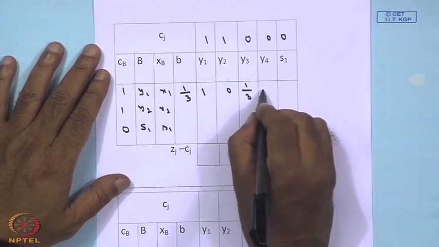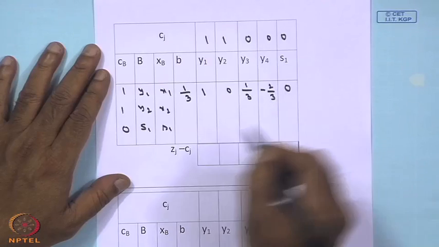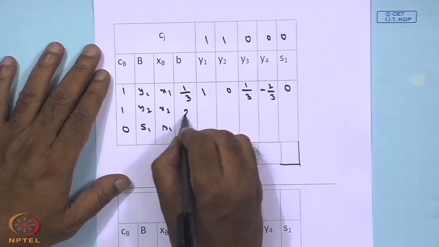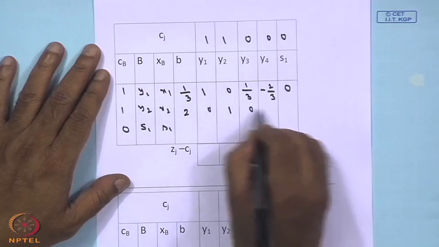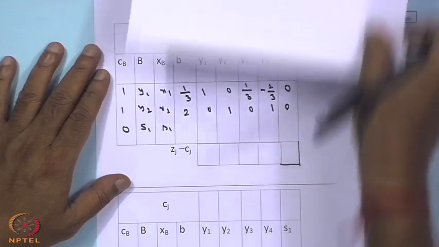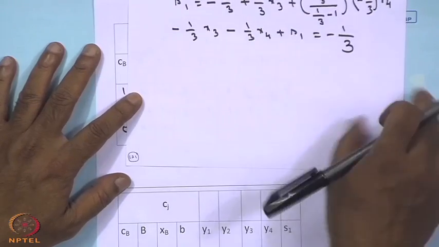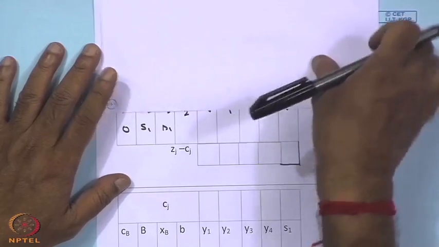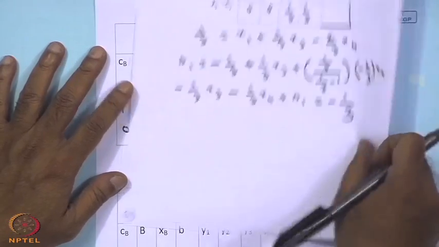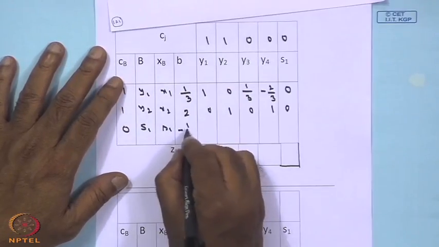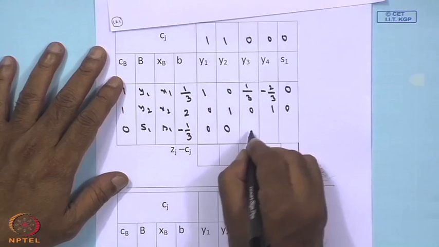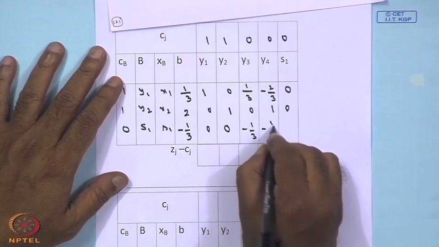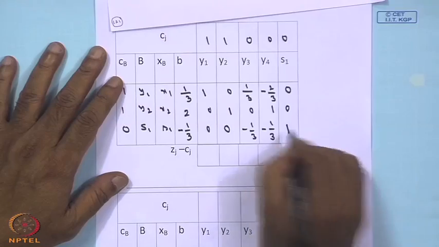So, just we are writing it minus 2/3, S1 will be 0, then this is 2 0 1 0 1 and 0, and these coefficients now will come. Your b value is minus 1/3. If you see here, your b value will be minus 1/3 over here. So, you are writing minus 1/3 0 0 minus 1/3 and S1 is 1.